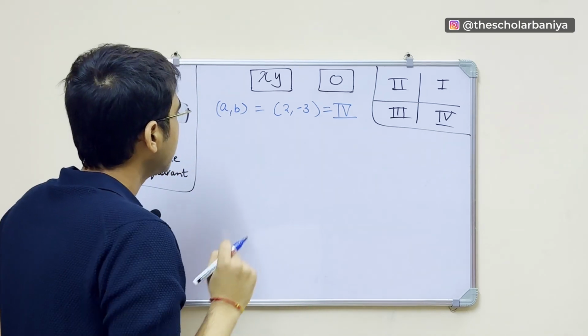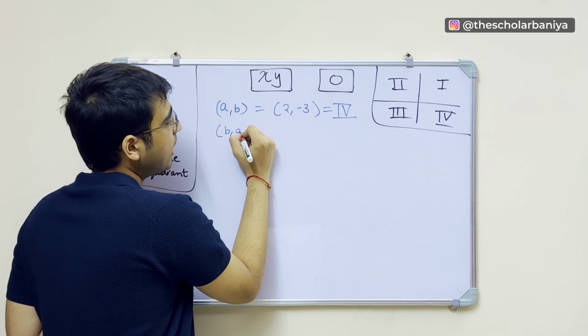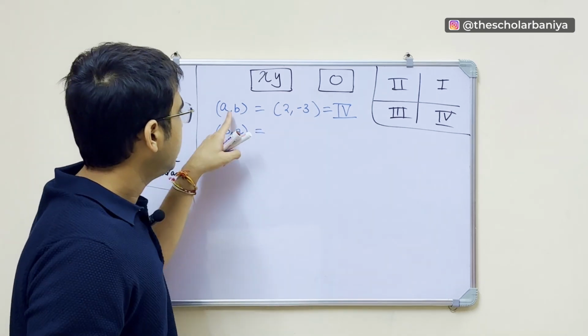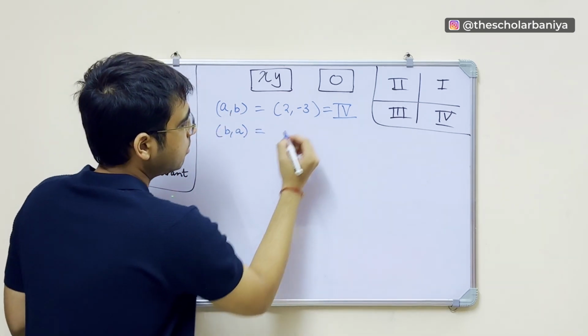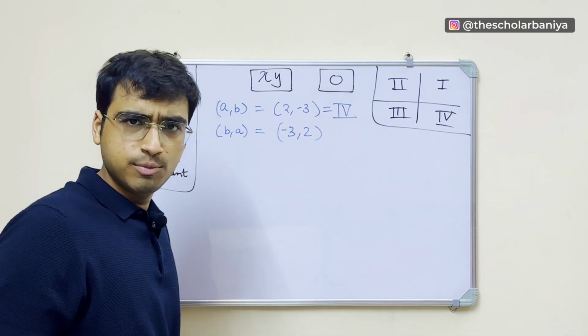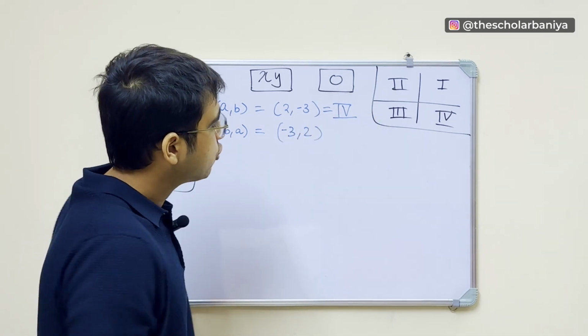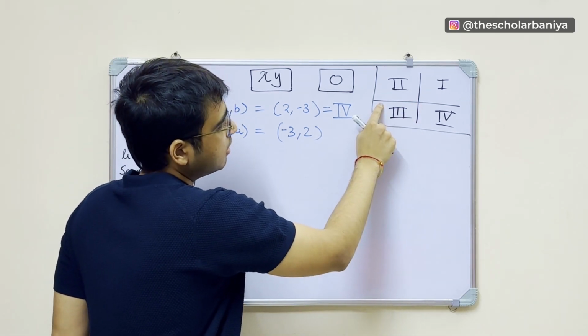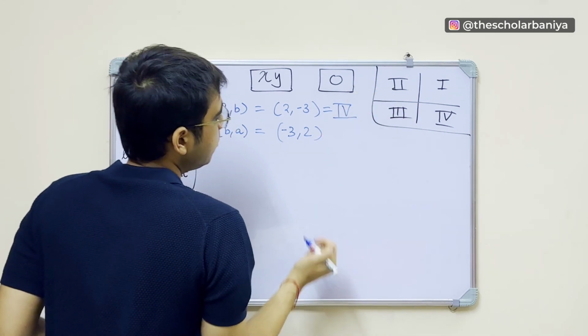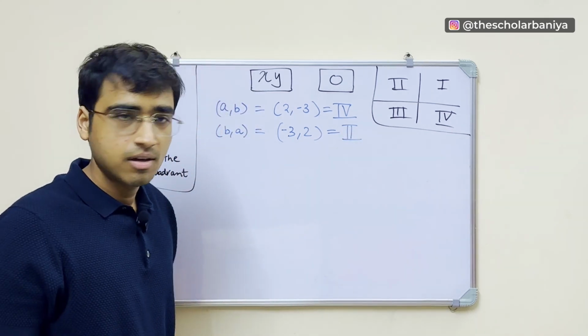right? Now tell me one thing. What is (b, a)? (b, a) will be (-3, 2), right? I hope this should be clear. And which quadrant will (-3, 2) be in? That means it will be in the second quadrant, right?